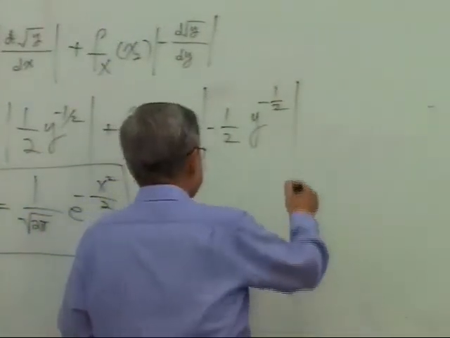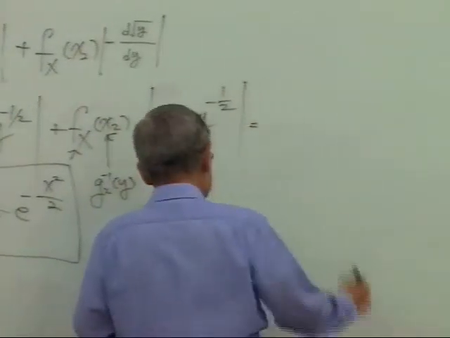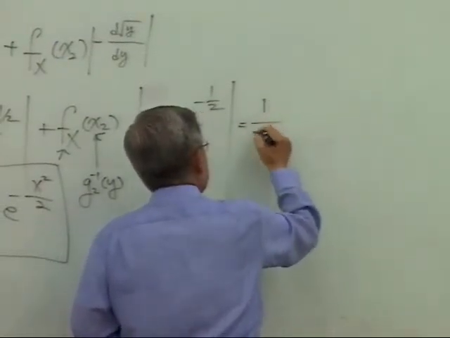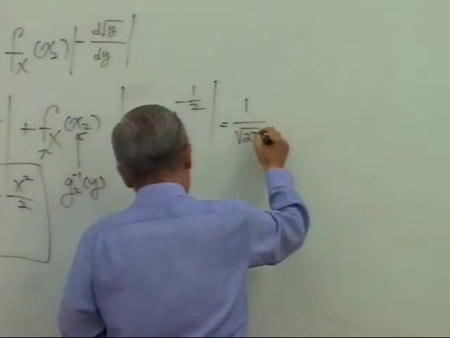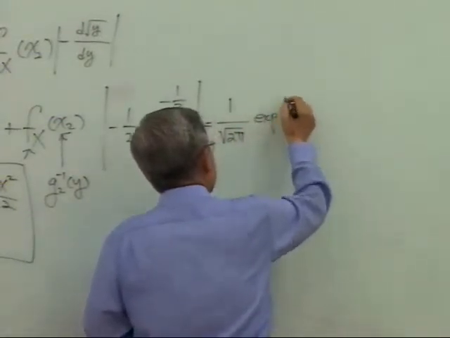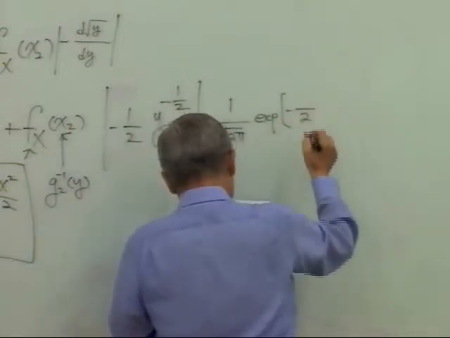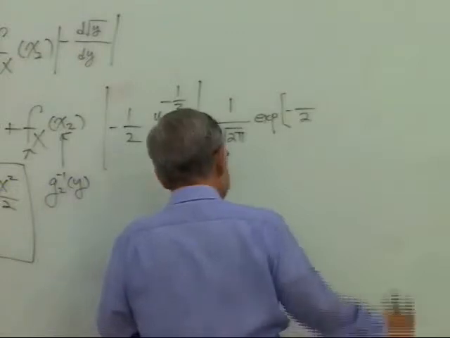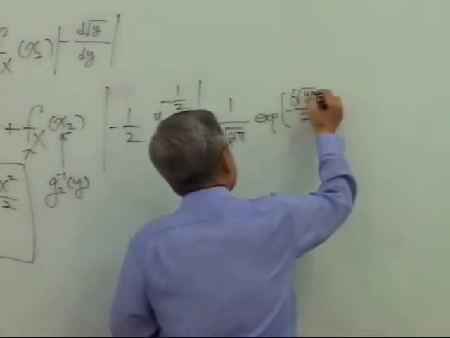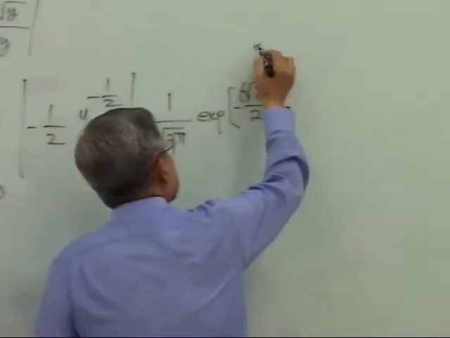It's a little bit trickier in this system, but it's still very straightforward. Just substitute 1 over 2 pi exponential function, and minus half of this sigma y whole thing, because this is x1.